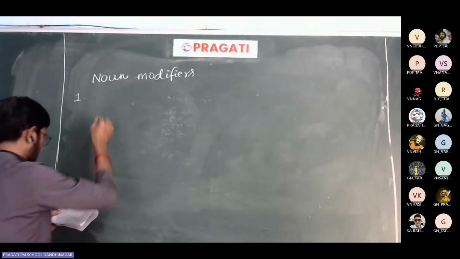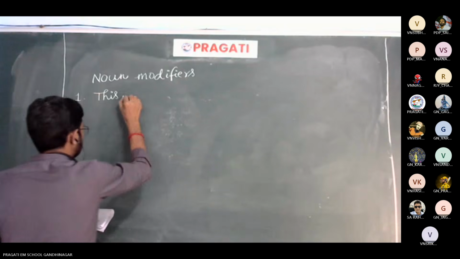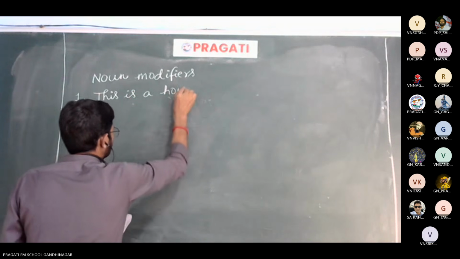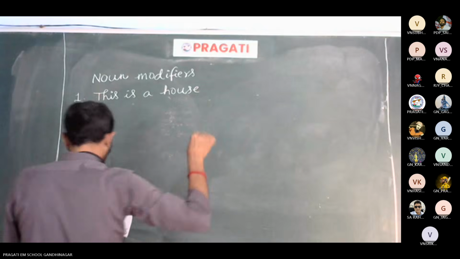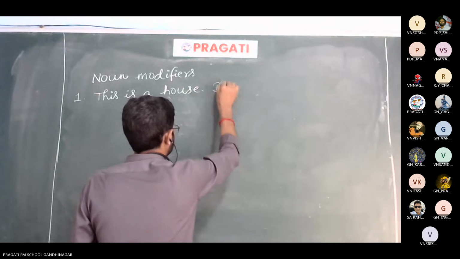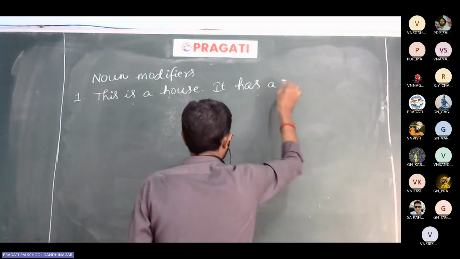The first sentence is: this is a house. It has a red roof.